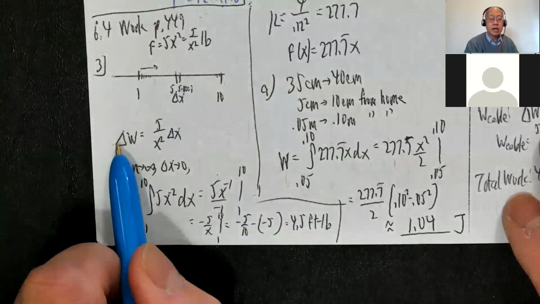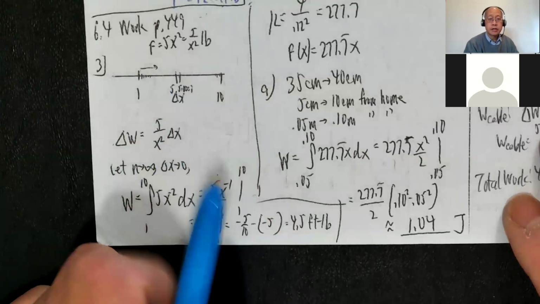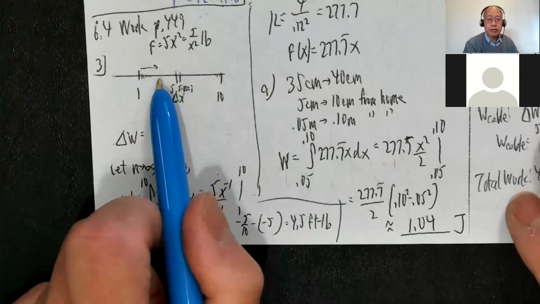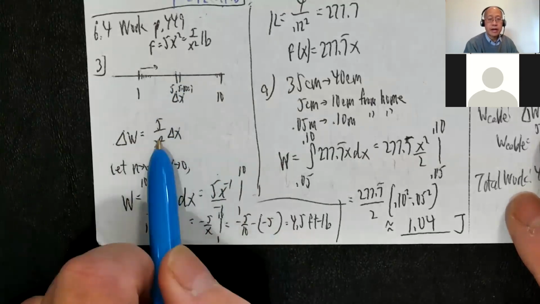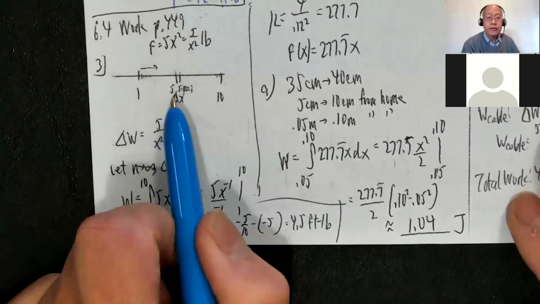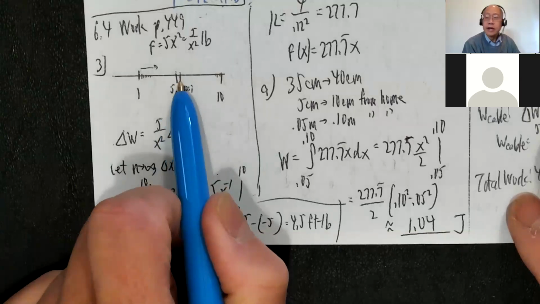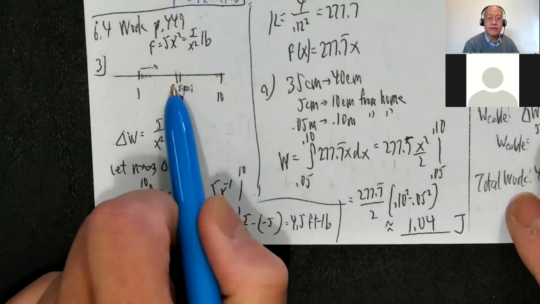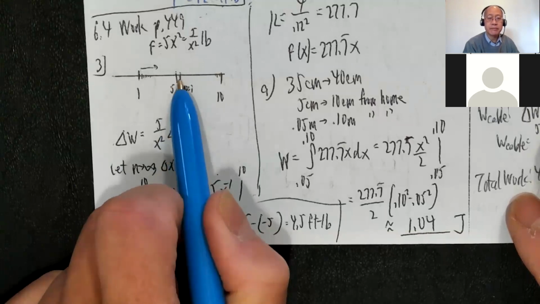So my delta W, change in work, is force times distance. What is the force at any given point? Well, 5 over x squared, and the little change is delta x. If I chop it very finely, let's say this is 5, this is 5.0001. There's not much of a difference between 5 and 5.0001 for continuous functions. It's practically the same.